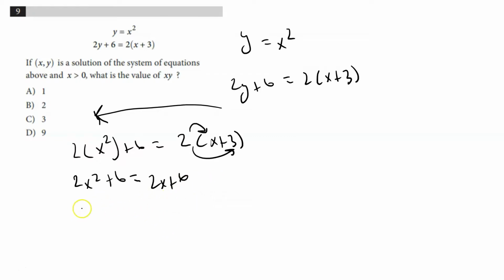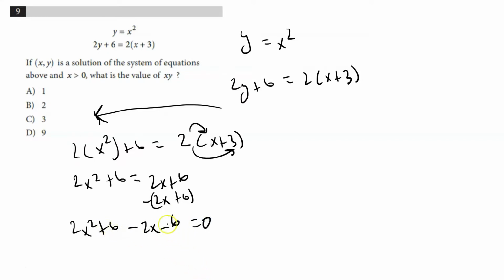And we want to get all the x's on one side and set everything equal to 0 because that's easiest to work with quadratic expressions. So we can subtract 2x plus 6 from both sides, leaving us with 2x squared plus 6 minus, don't forget to distribute this negative out here, so it's minus 2x minus 6 equals 0.